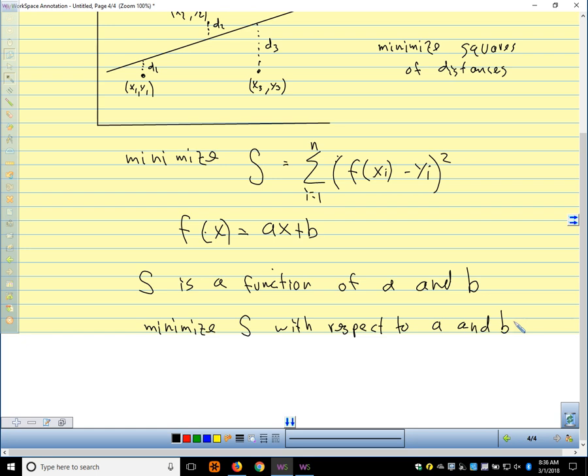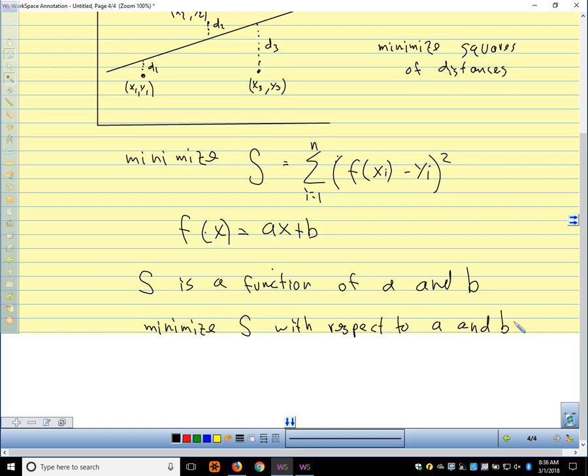So what we do is take the partial derivative of that sum with respect to a, set that equal to 0. The partial derivative of that sum with respect to b, where we substitute f of x is a x sub i plus b. Set those equal to 0 and find the a's and the b's that make those partial derivatives equal to 0.